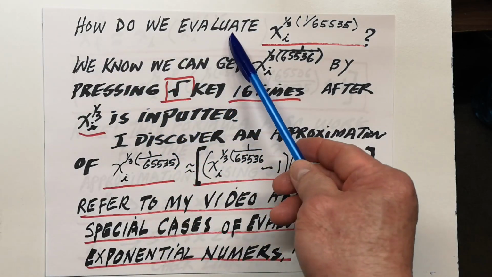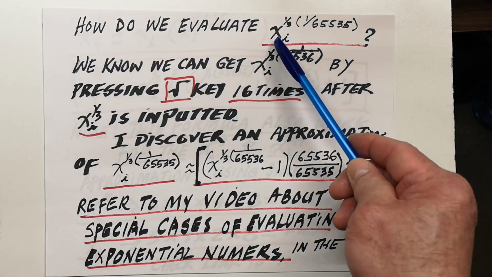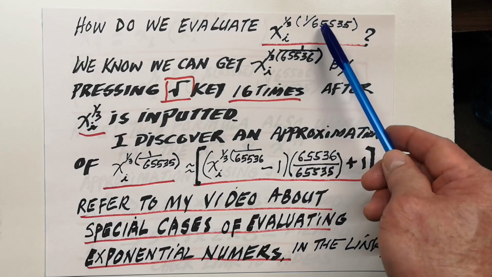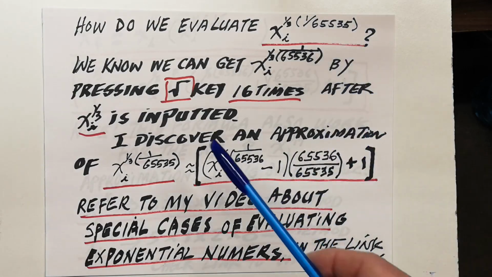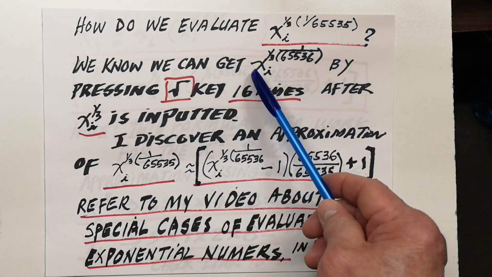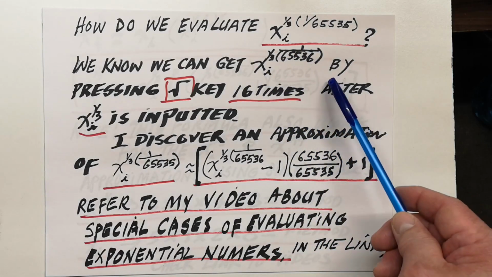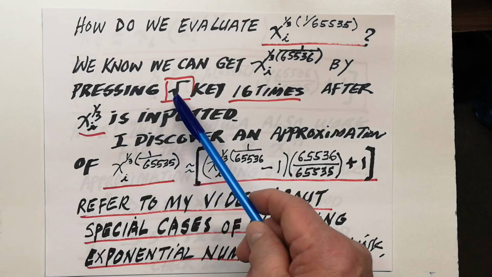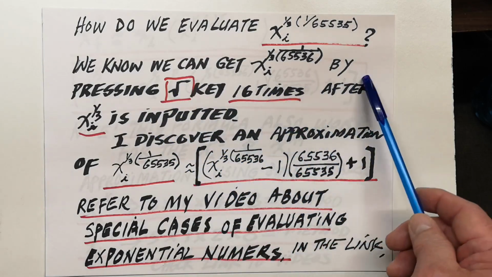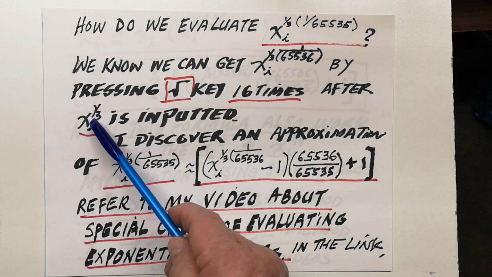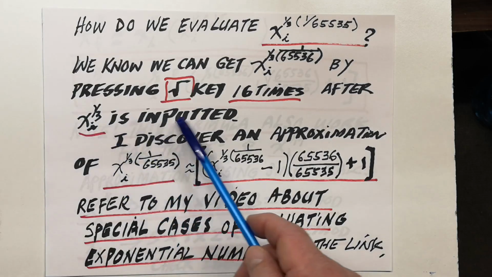How do we evaluate this x raised to the 1 over 65535 power? We know we can get x raised to the 1 over 65536 by pressing the square root key 16 times after the cube root of x initial is inputted.